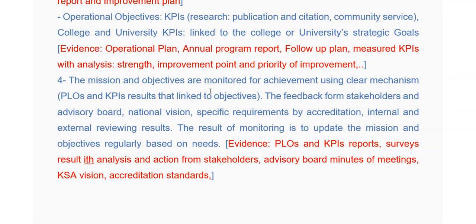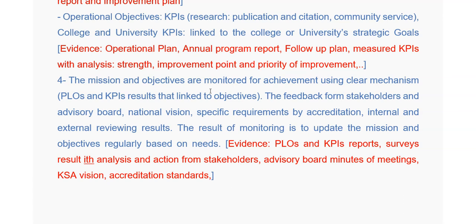So of course, the result of monitoring is to update the mission and objectives regularly based on needs. Maybe for 1, 2, 3 years you didn't change or update the mission and objectives because there were no needs for this. But if you update your mission 1 or 2 times within, for example, 4 years, I think you should have a clear mechanism to explain it.